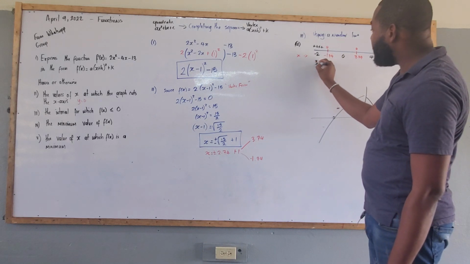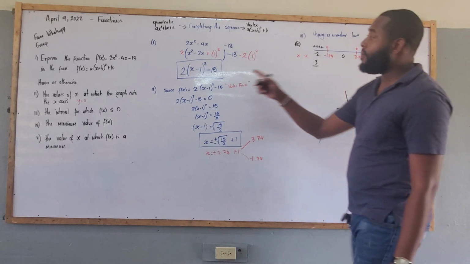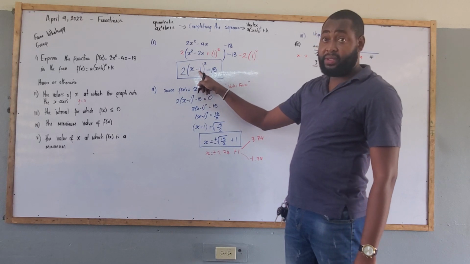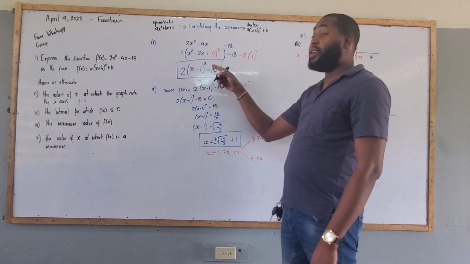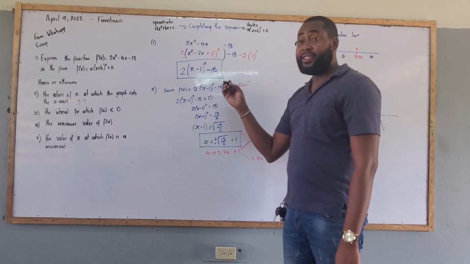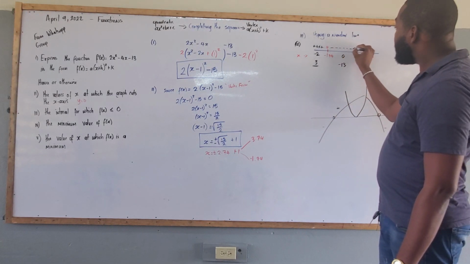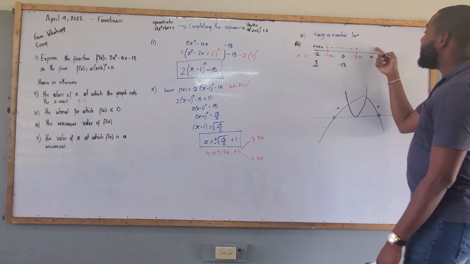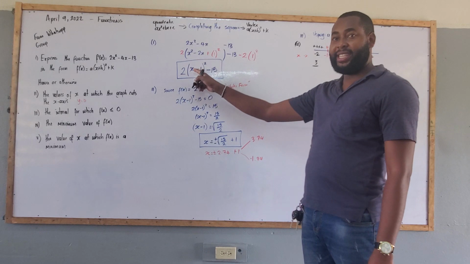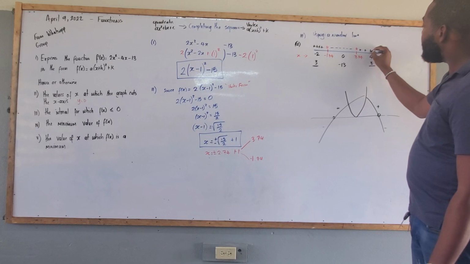When you put 0 in there, 0 minus 1 is negative 1. Negative 1 squared is positive 1. Two 1s is 2. 2 minus 15 is a negative number. Now if we put in 4, 4 minus 1 is 3, 3 squared is 9, two 9s is 18, 18 minus 15 gets back 3 again. So these values are positive.